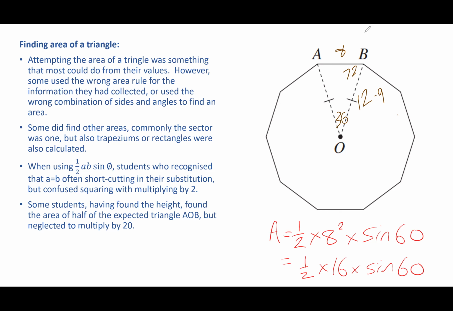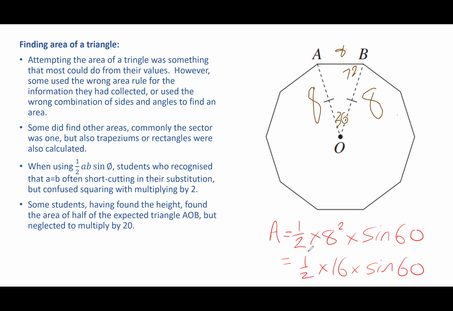When they were using the half AB sine theta, students who recognised that A equaled B often tried to shortcut their substitution, and they were confusing squaring with multiplying by 2. So let's say they'd assumed the 8 times 8, that it was an equilateral triangle.